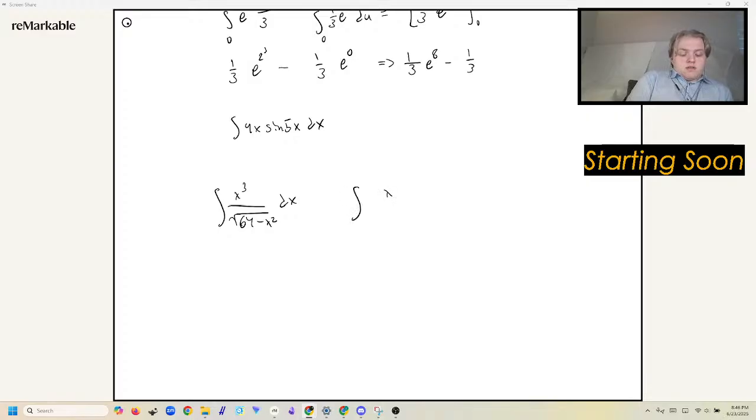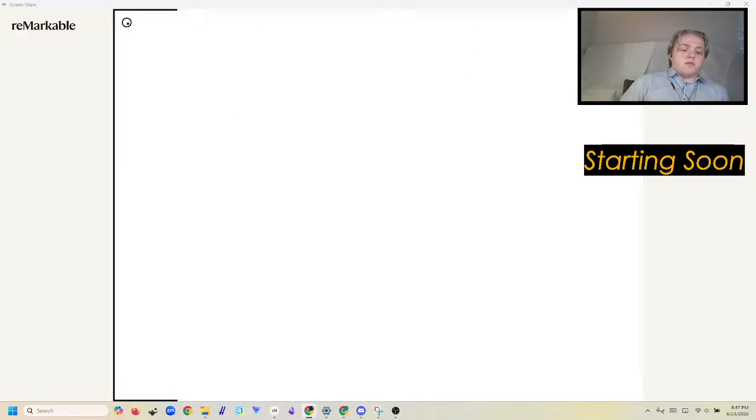So we have x cubed over, we can write that as the square root of 8 squared minus x squared, where this is the general form a squared minus x squared, and we can sub in x equals a sine theta. Looks like that is one of our answer choices, x equals 8 sine theta. And that is correct. That's another question down. Moving on to question 4.